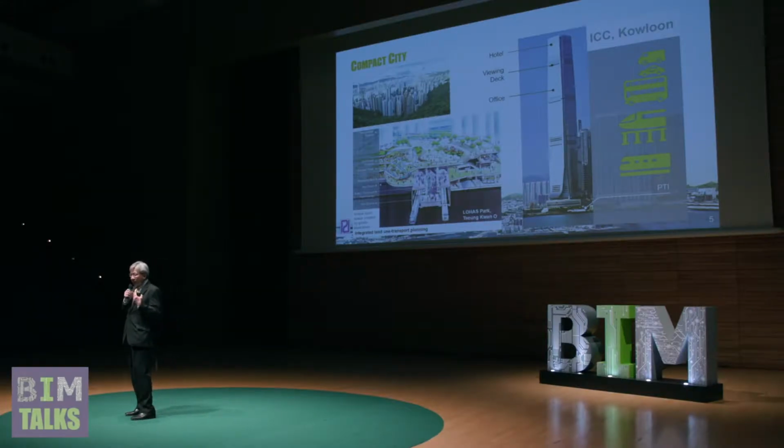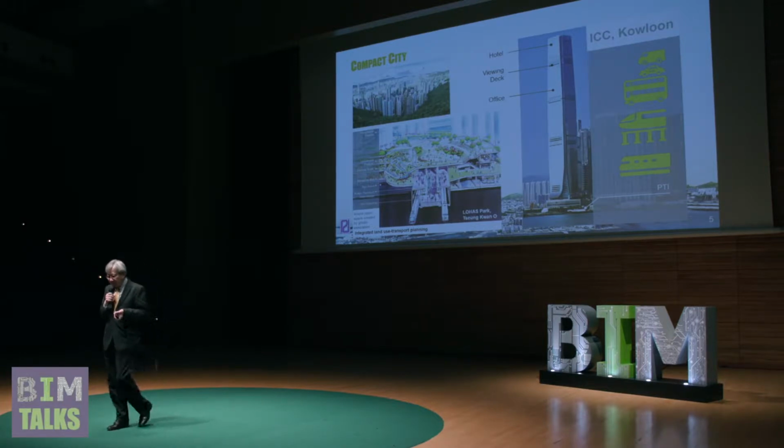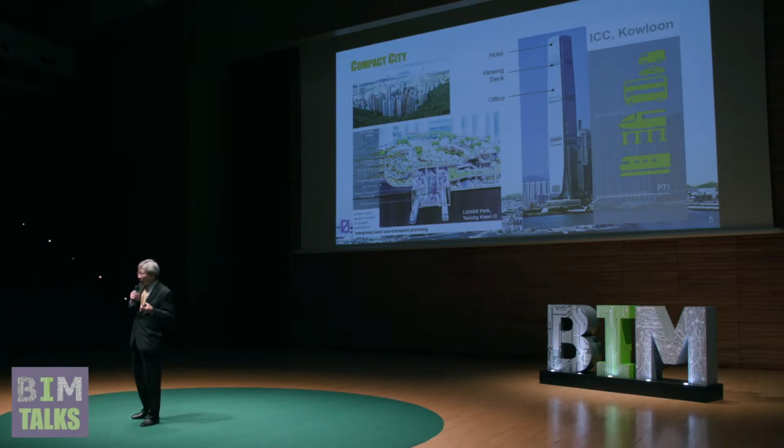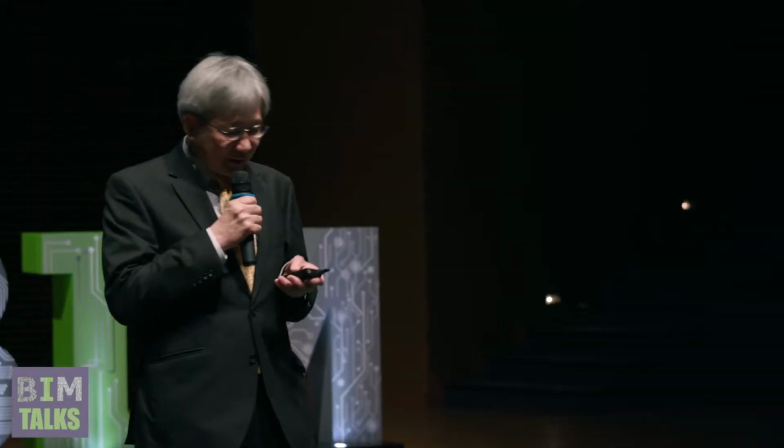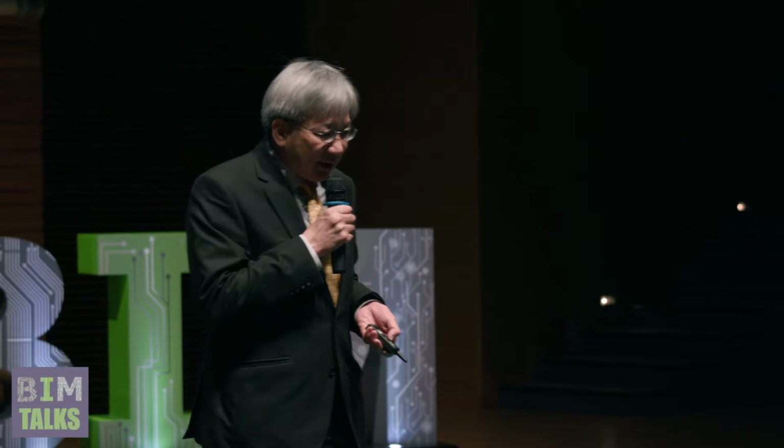On top of it, you have a big shopping mall. In between, you have Grade A office and Sky 100, and on top of it, you have the hotel. So we have a compact city.